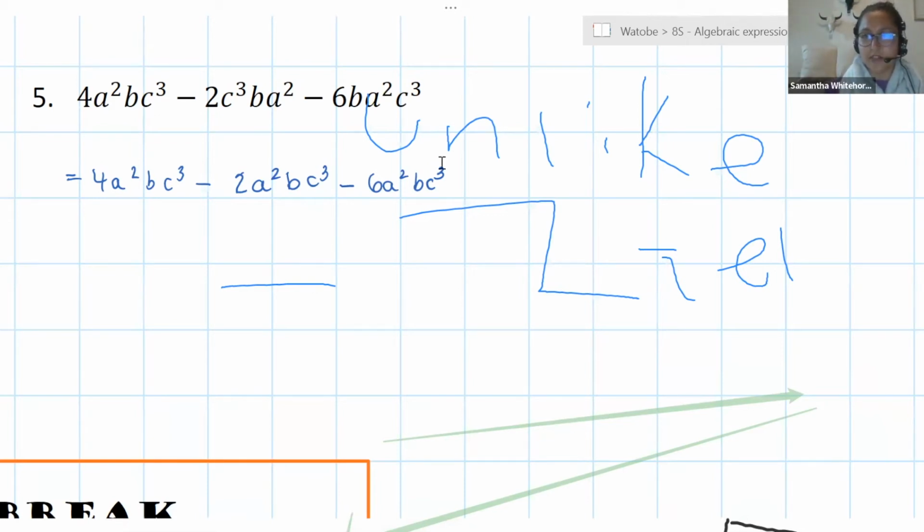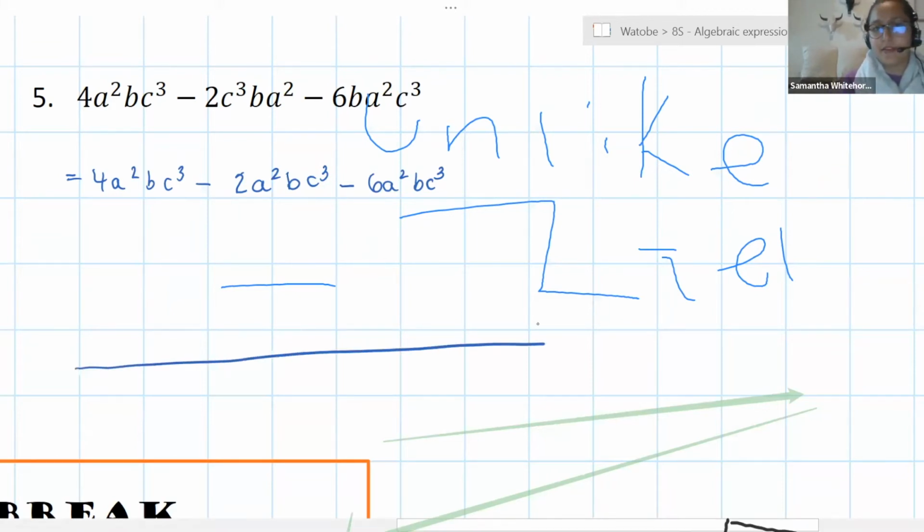I like what I'm seeing so far. Right, so I'm definitely in agreement that we've got negative 4a squared bc cubed.